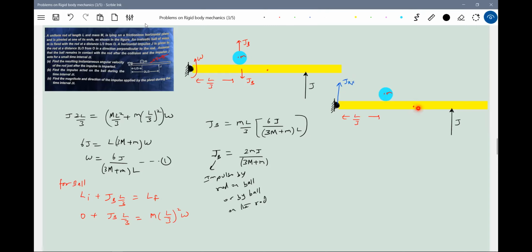Why is there no impulse along the y-axis? Because when you apply impulse, the very next moment the whole rod will try to move. The whole rod plus ball will try to move. The hinge will oppose. Therefore, the impulsive reaction acts on the rod, or on this one. I'll take it on this. I'll solve it. If I get negative, I'll change the direction.